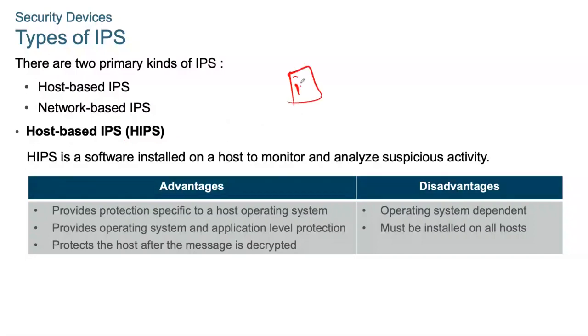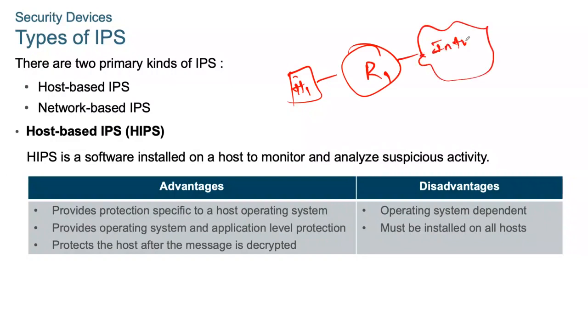If a host is connected through a router to another host, suppose host 2, which is outside this network, there will be software installed on the host to monitor and analyze suspicious activities.